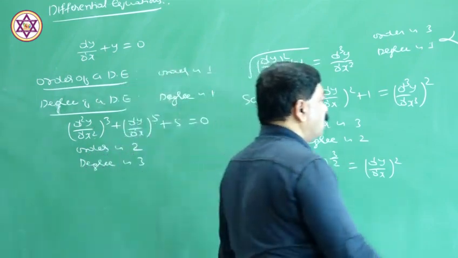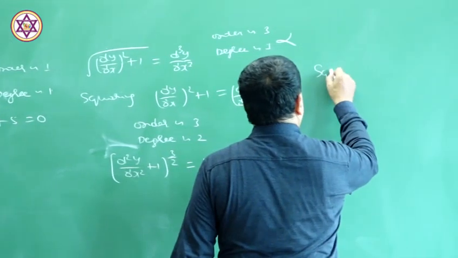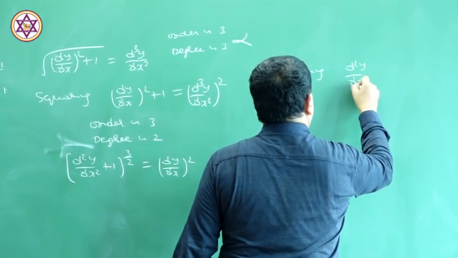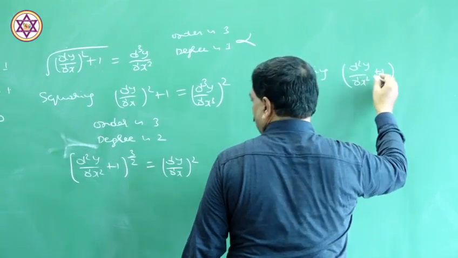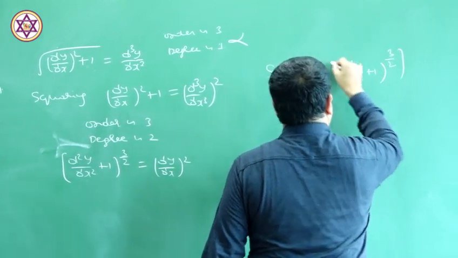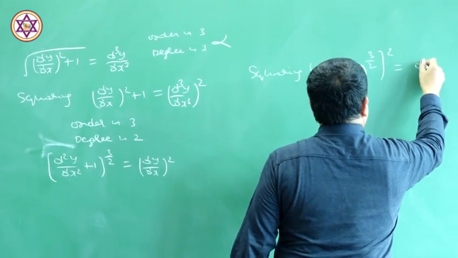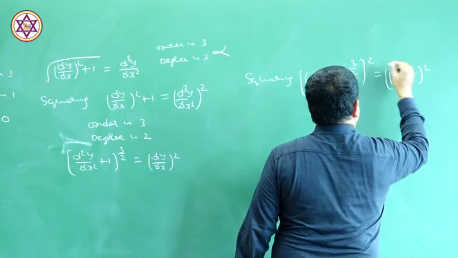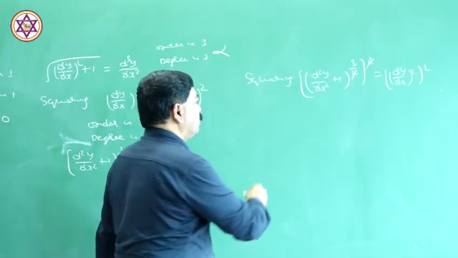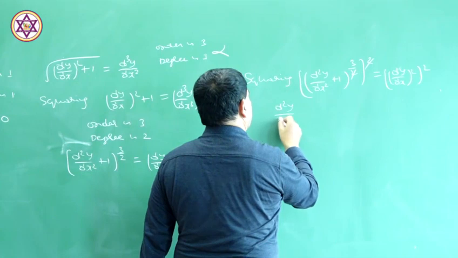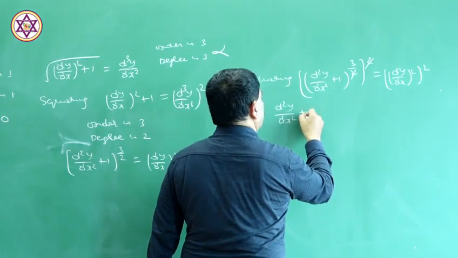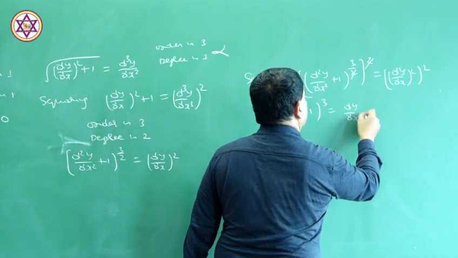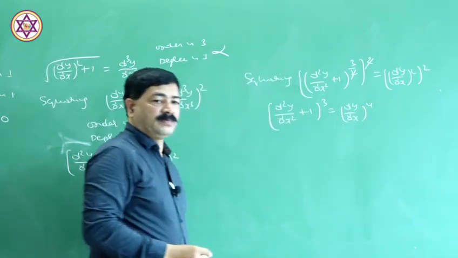So here squaring, d squared y by dx squared plus 1 whole power 3 by 2 whole square is equal to dy by dx whole square whole square. So here we get d squared y by dx squared plus 1 whole cube equal to dy by dx this whole to the power of 4.